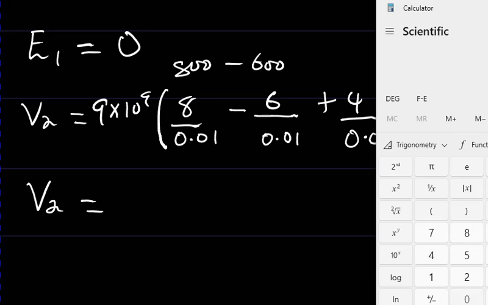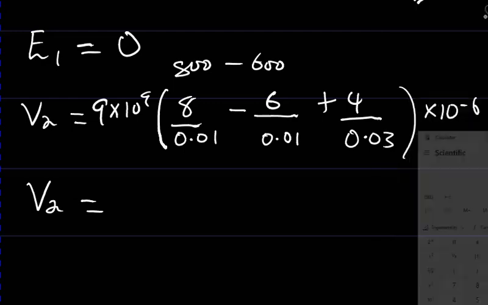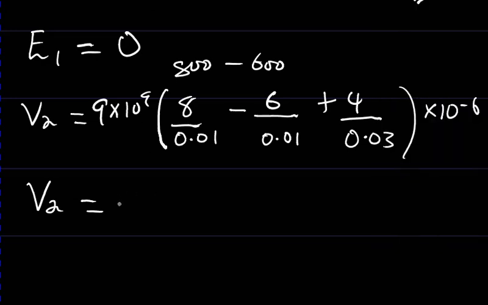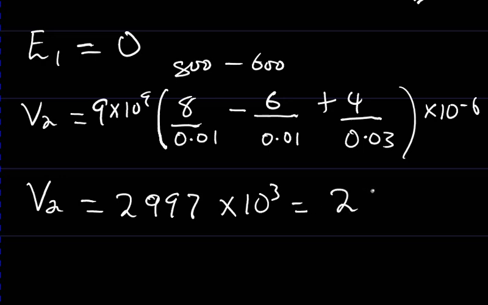So we have 800 minus 600 plus 133, which is 333. Then I multiply by 9, giving 2997, times 10 raised to the power of 3. So you can express it as 2997 kilovolts. That is what that entails.